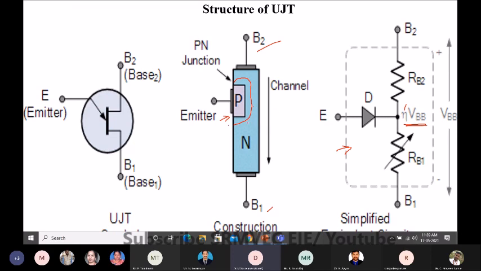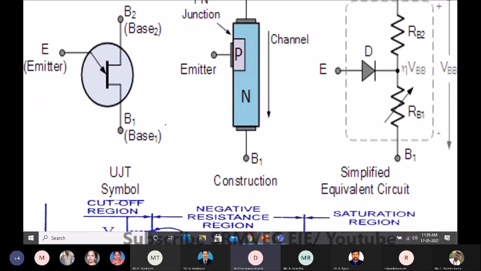Internally the construction is such that RB2, the resistance offered near the B2 terminal, is a constant, or fixed one, whereas it is a variable one nearer to B1. And this controls your IB current. So this is your structure and symbol.